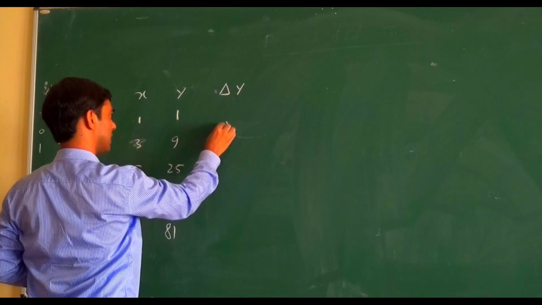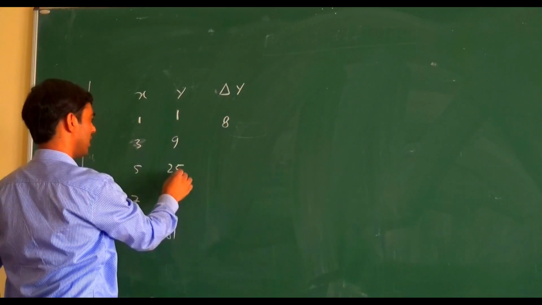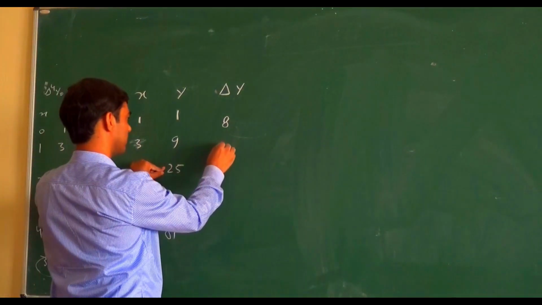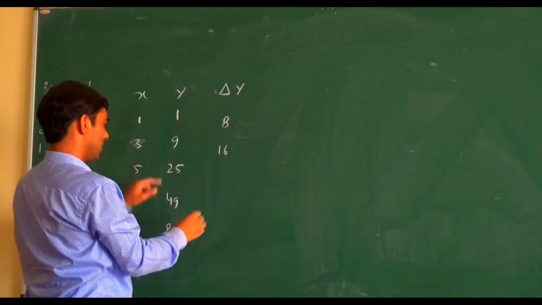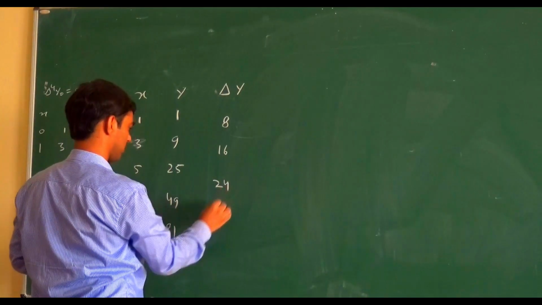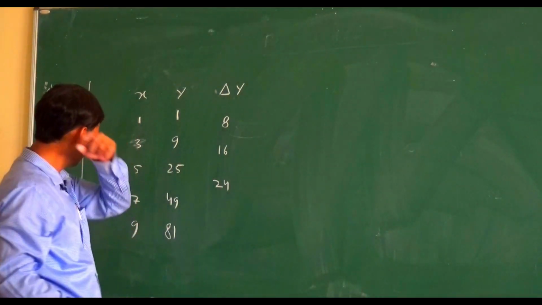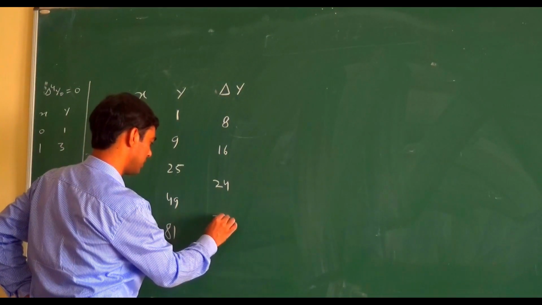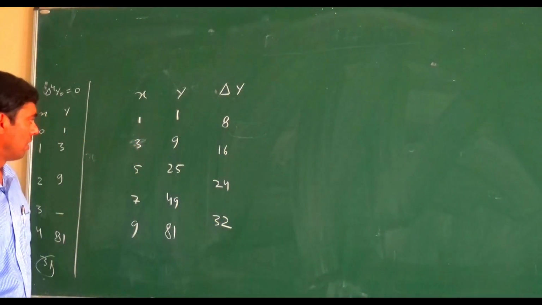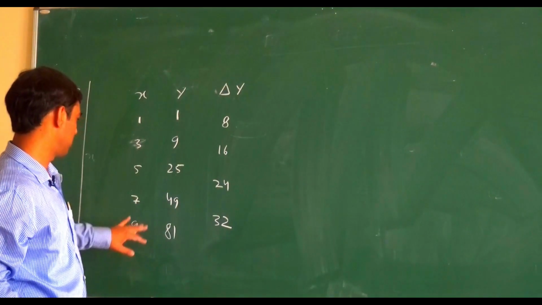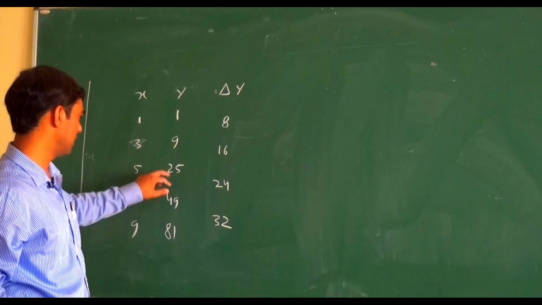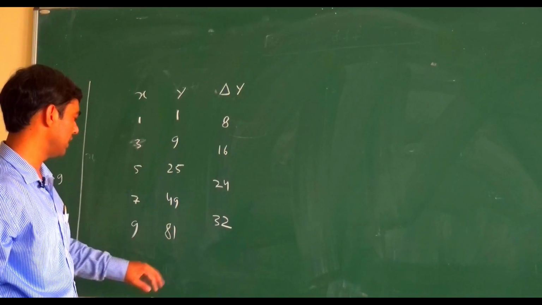If we write it here, this one is 8. 25 minus 9 is 16. This one is 24. This one is 32. Then the second order differences: 16 minus 8 is 8, and so on.